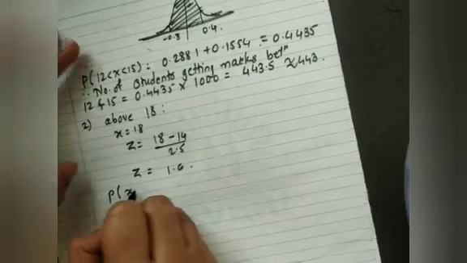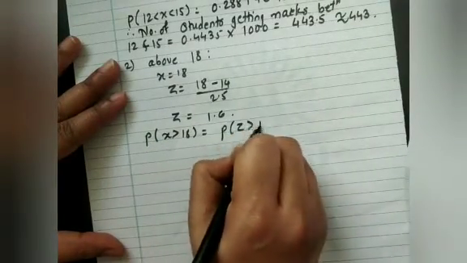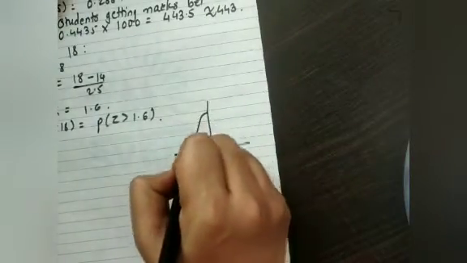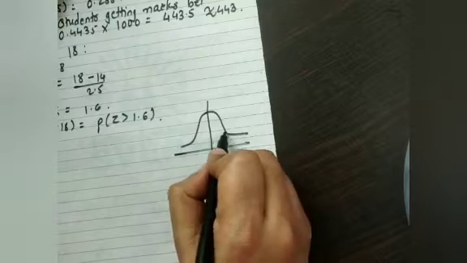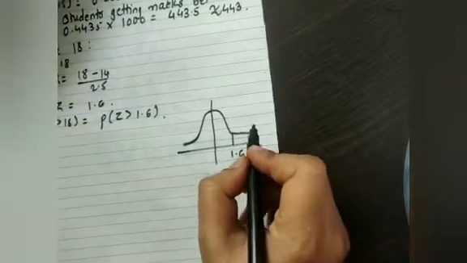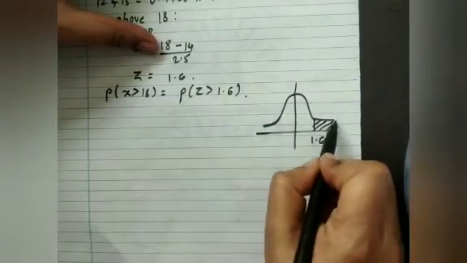So x is greater than 18, which is same as probability of z is greater than 1.6. Just try to draw it on your curve. 1.6 as it is positive, it will be on right hand side somewhere here, and as z is greater than 1.6, this side it is greater.